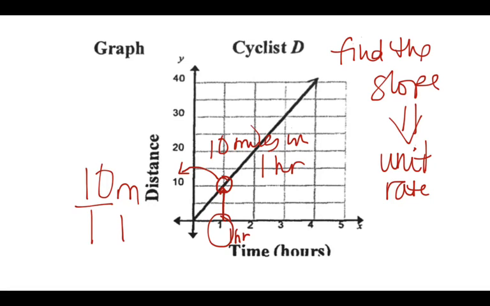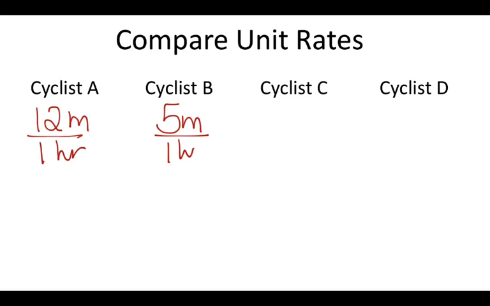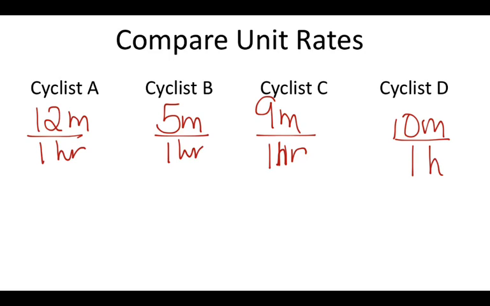Okay, so if I compare, cyclist A was 12 miles in 1 hour. Cyclist B was 5 miles in 1 hour. Cyclist C is 9 miles in 1 hour. And cyclist D was 10 miles in 1 hour.